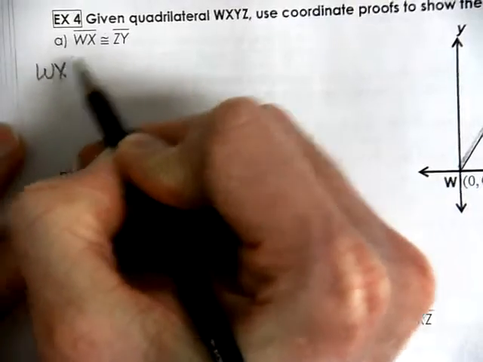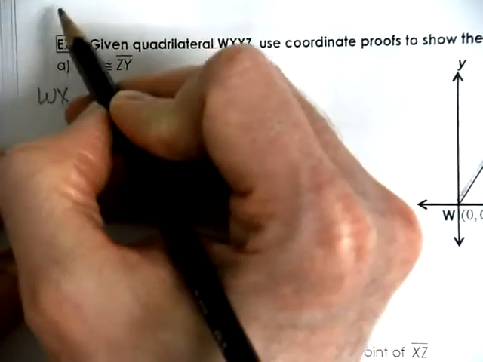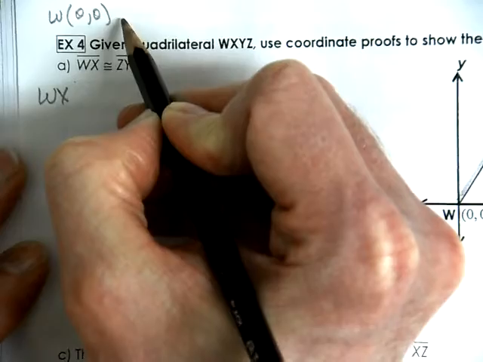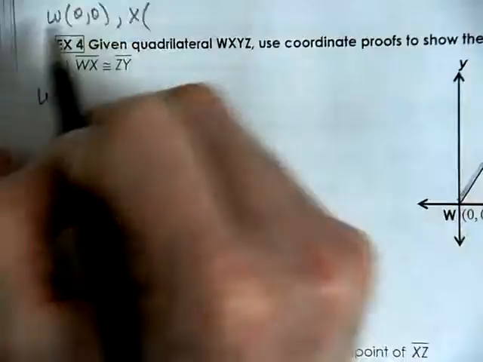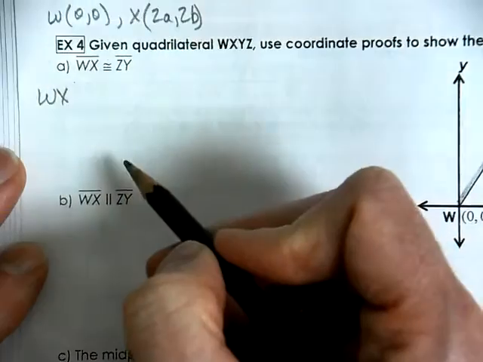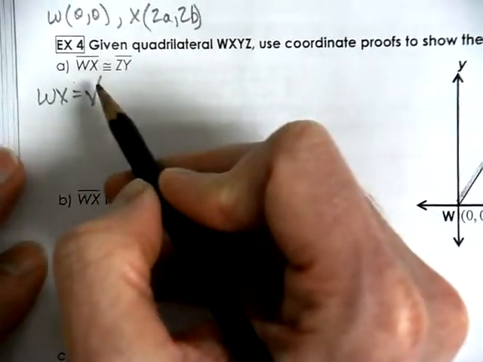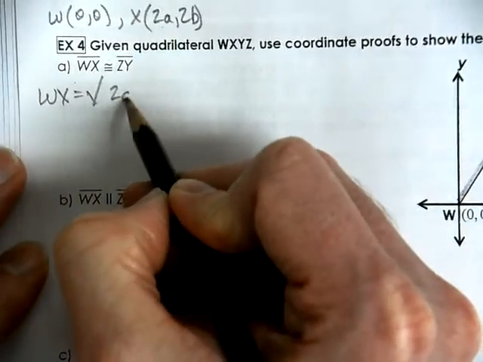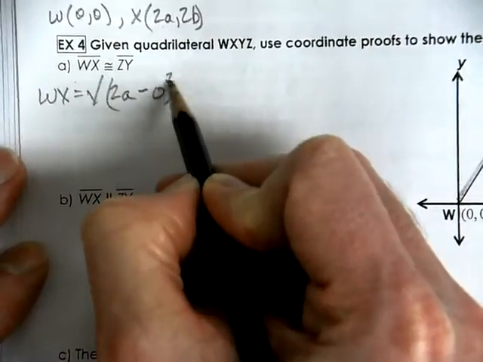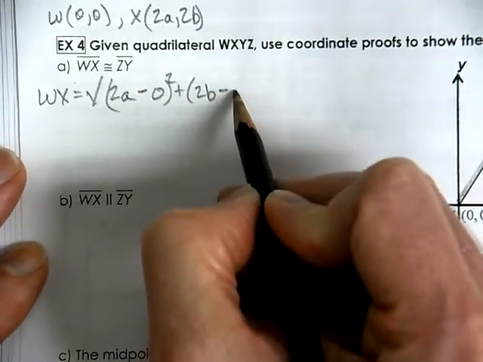So WX, we know that W is a coordinate 0, 0, and X is the coordinate 2A, 2B. So we're going to plug that into our distance formula. X2 minus X1 and Y2 minus Y1.